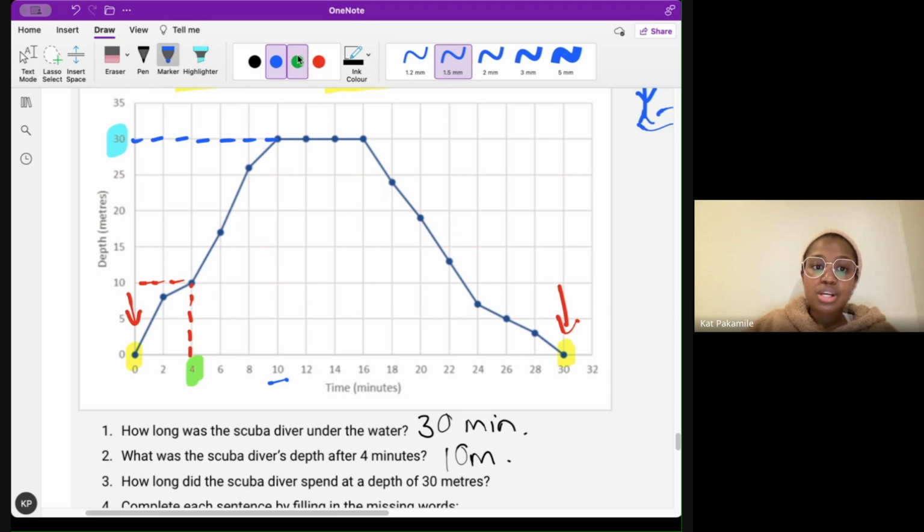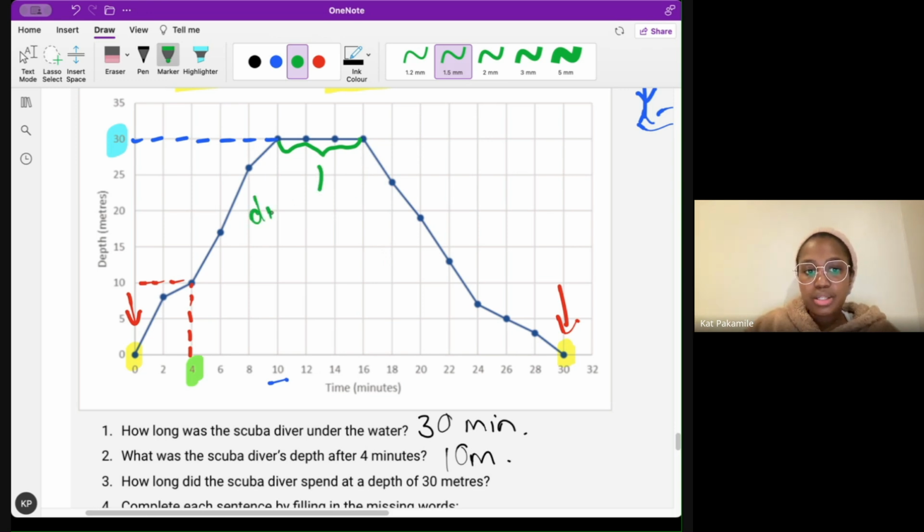Now, I want you guys to tell me what this flat line means over here. What does that flat line mean on the graph? What is constant? Let's speak about this specific scenario that we have here in front of us. What is constant? So he didn't move. Do you guys agree?